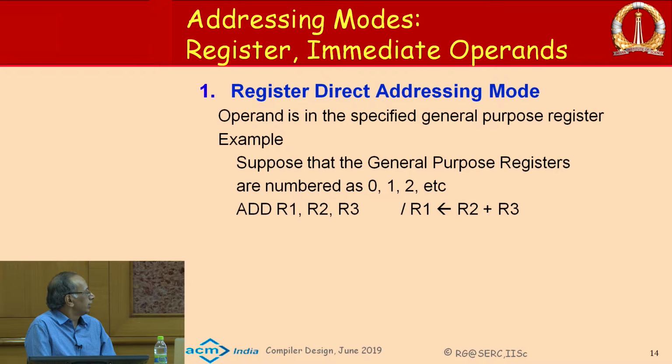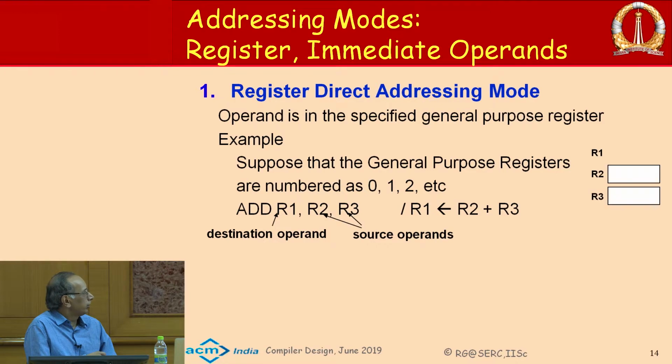So, here is the example, you say add R1, R2, R3, the contents of R2 is added with the contents of R3 and is stored in R1. The 2 source operands and the destination operand.